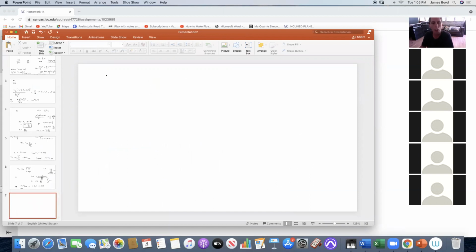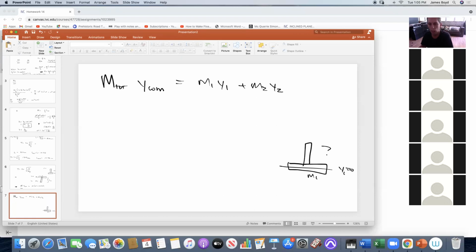So I don't expect you to remember this, but when we computed the center of mass, this was the total mass. Y of the center of mass is equal to m1 y1 plus m2 y2. If I set this up so that the gray one is at y is equal to 0, so that's m1 and y1. And then this one, since it's 4 long and I know it's at the center, m2 is, y2 is at 2 meters.